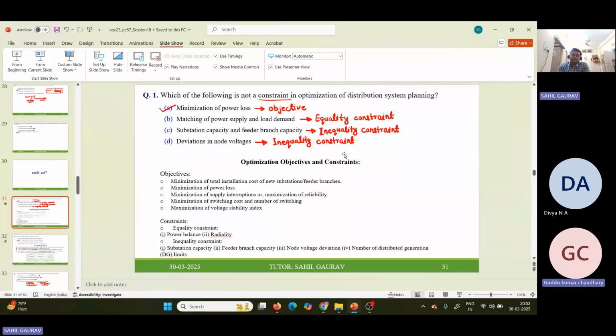My MTech is from RGPV, sir, and I also have a postgraduate diploma in Big Data Analytics from Jawaharlal Nehru Vishwavidyalaya, sir. Great. Okay, these are other things anyway.